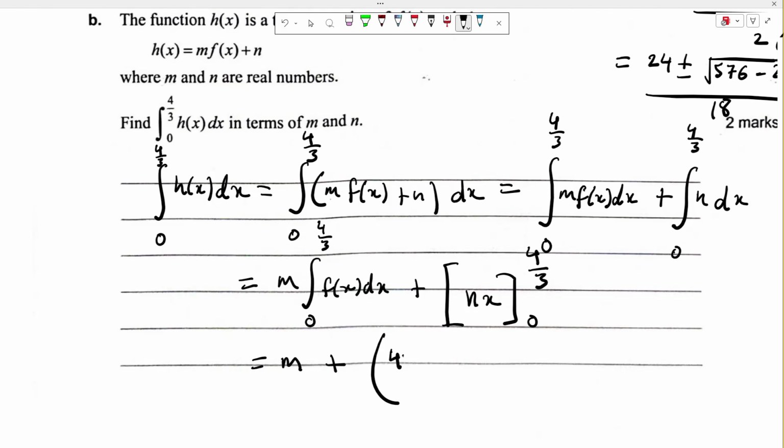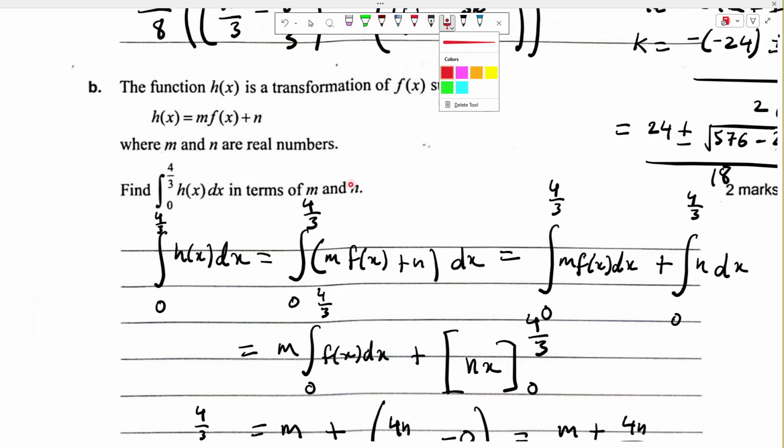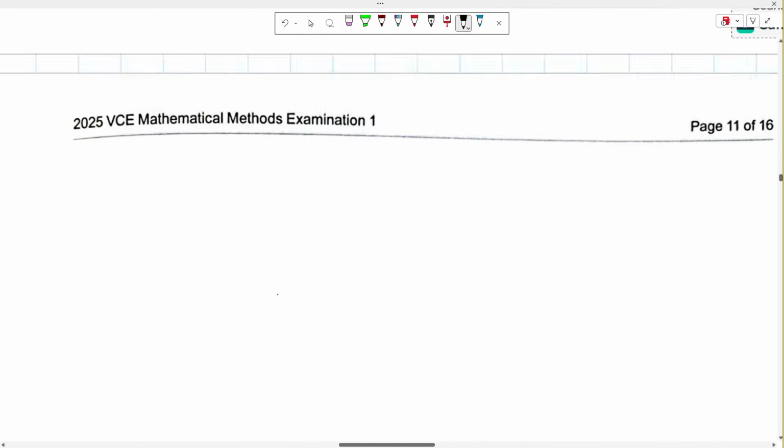So we get 4n over 3 minus, let's substitute 0, that's just 0. So we get m plus 4n over 3. So therefore, the integral from 0 to 4 over 3, h of x dx, is actually m plus 4n over 3. So that's in terms of m and n, right? There we go.